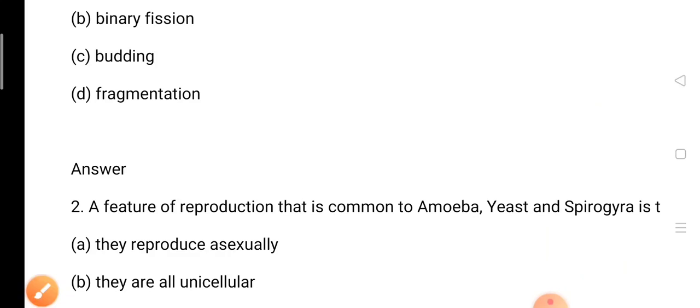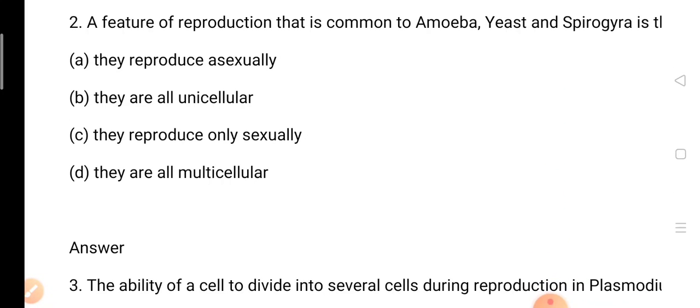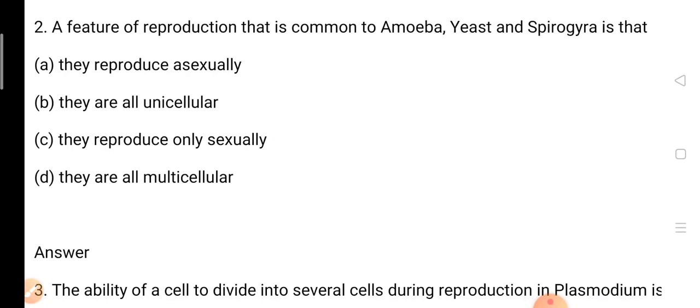Now the second question is about the features. A feature of reproduction that is common to amoeba, yeast and spirogyra is that, so we have to find out the answer from these options.